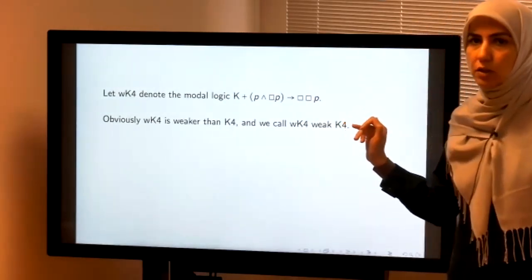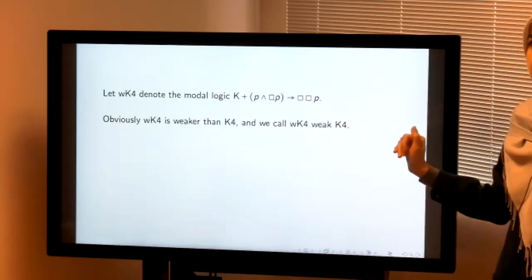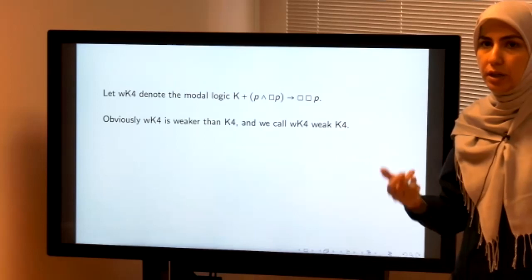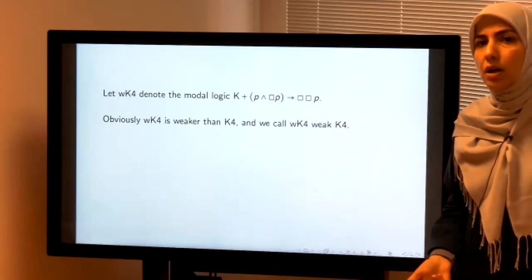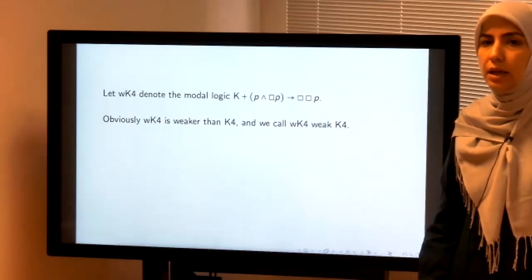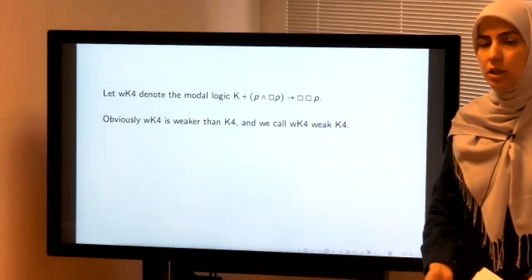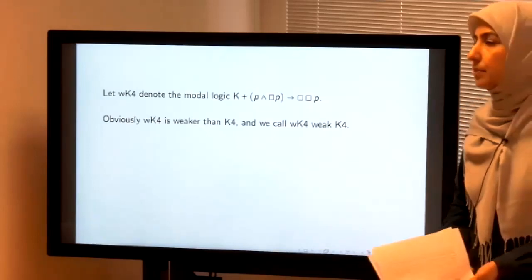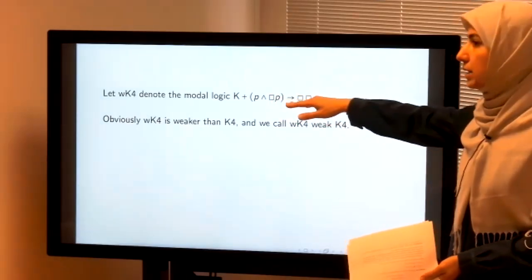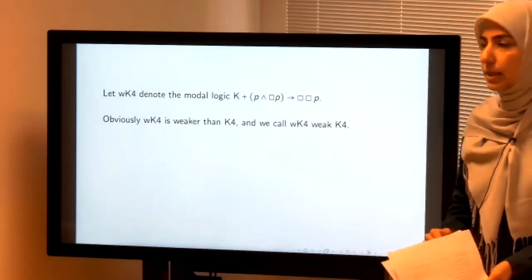Now, from the previous slide, we understand that for finding an appropriate logic for the class of all topological spaces in this semantics, we have to find another logic. S4 is not good for that. Let's consider K plus this axiom, which we showed is d-valid.